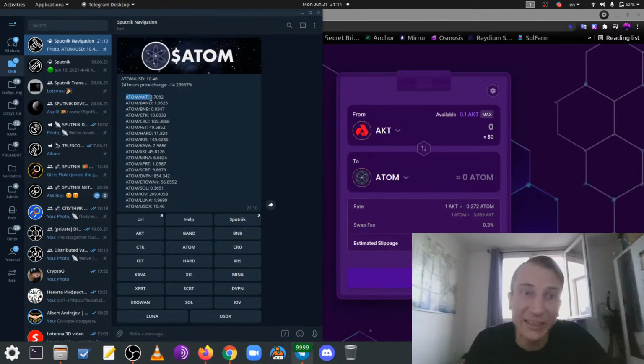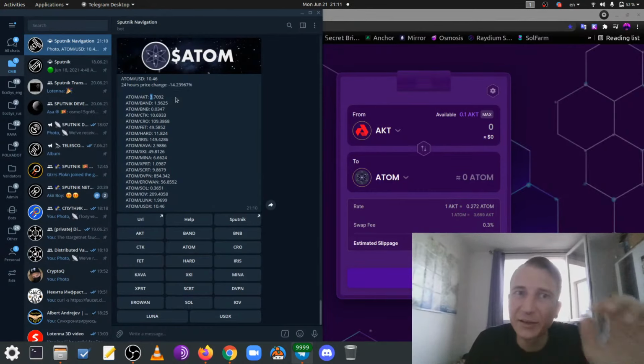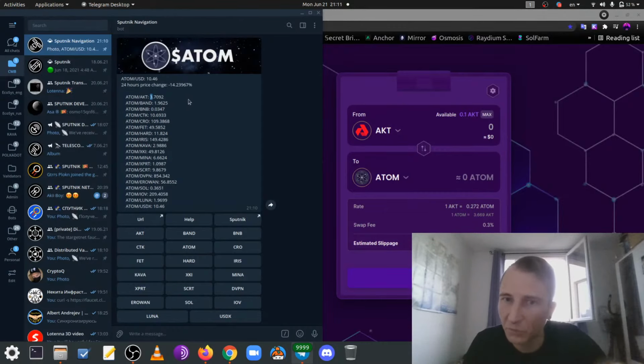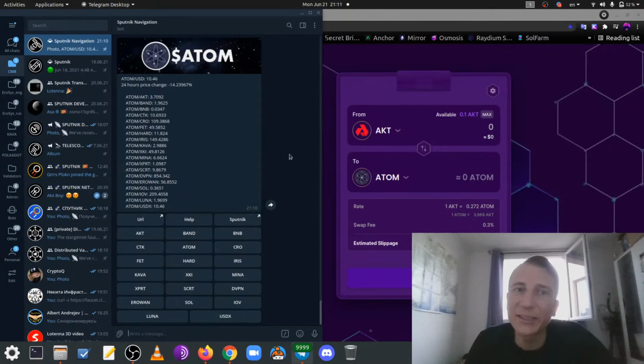Now the market price is 3.7, and here is 3.669, very near to 3.7. I understand that the middle market price is a little bit bigger than the price on Osmo, and to buy one atom for 3.669 Akash is a little bit more profitable than to buy atom for 3.7. But it's such a small difference that we just don't need to think about it.